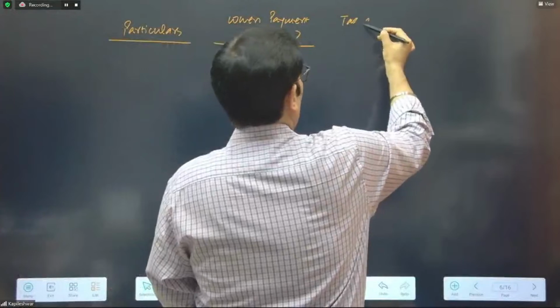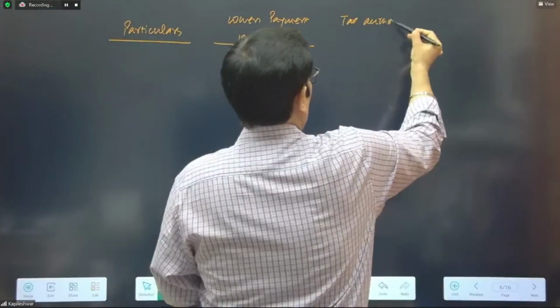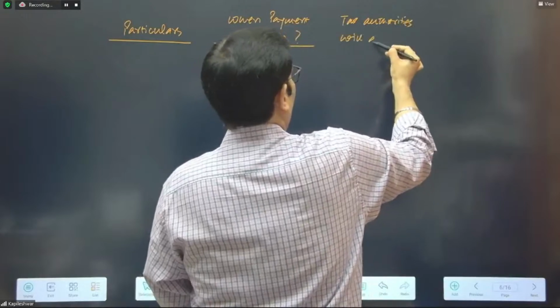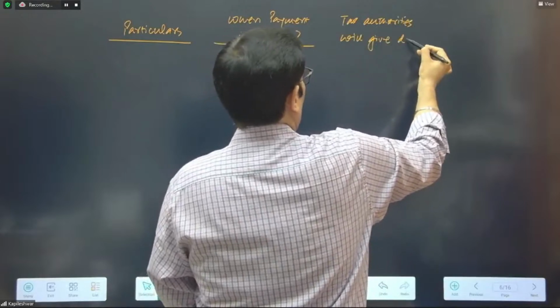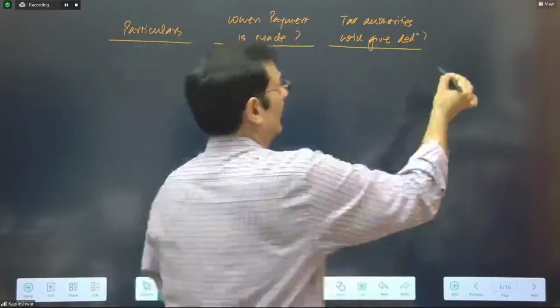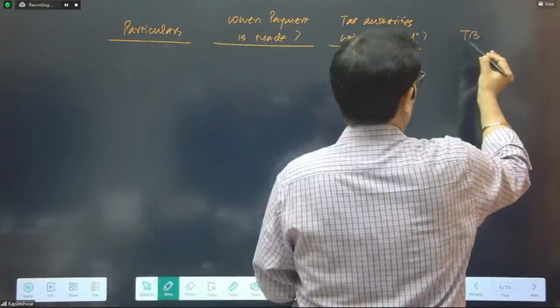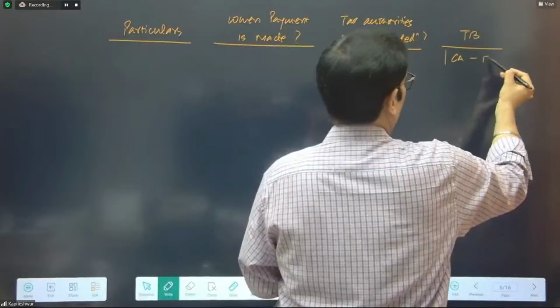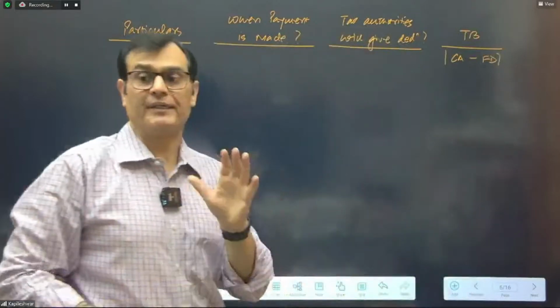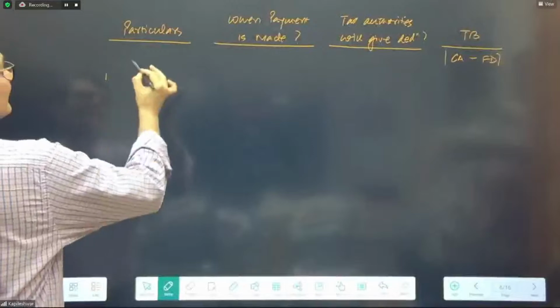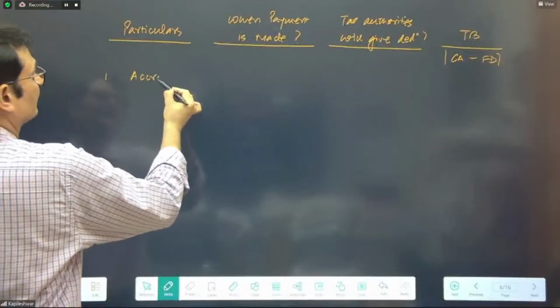Tax authorities will give deduction, yes or no, and we're going to get the tax base, which is the carrying amount minus the future deduction in general. Now let's consider the first example, and that is accrued expense.